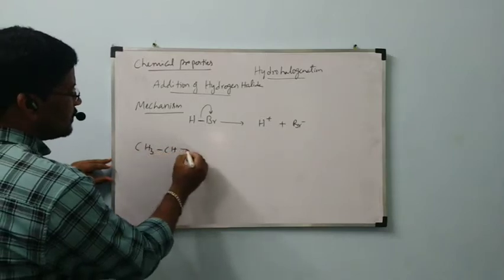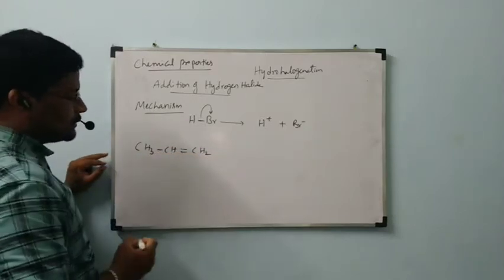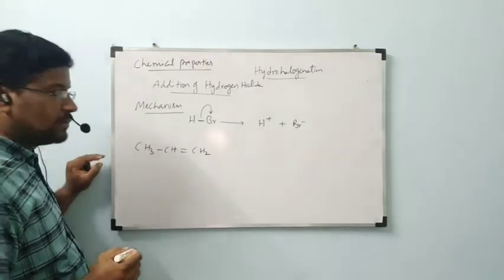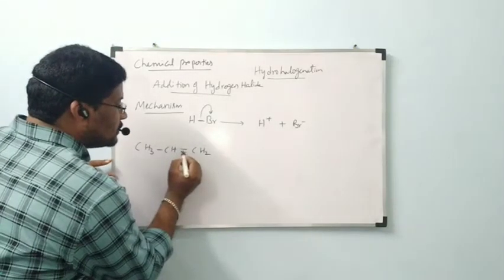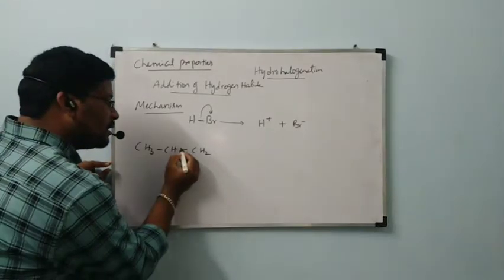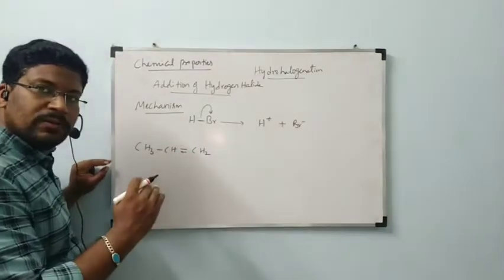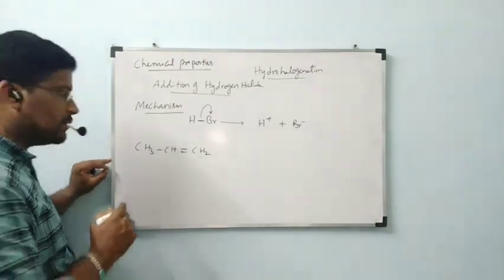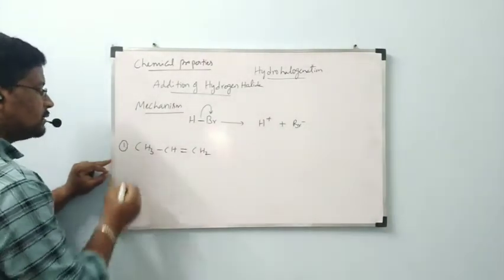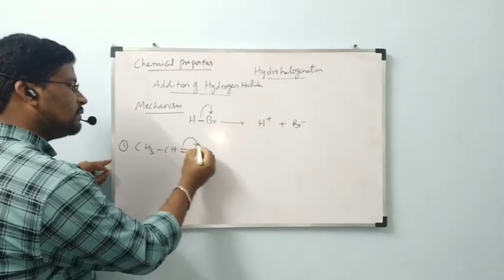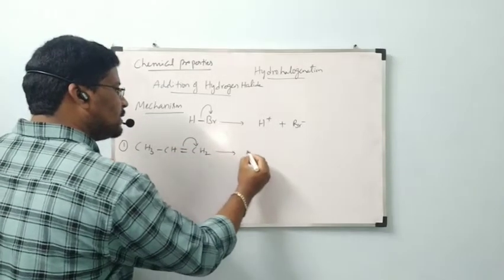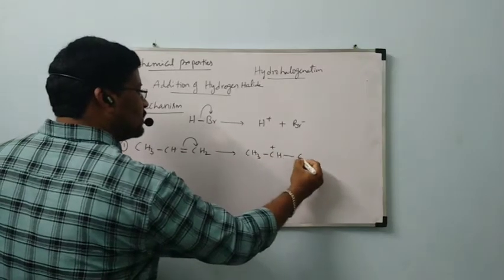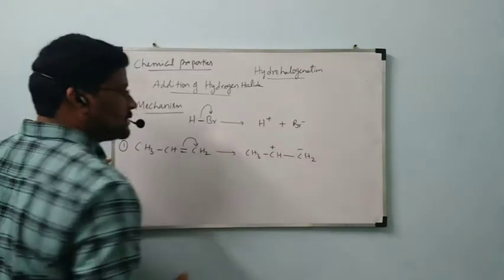CH3CH=CH2. In this double bond, the pi bond can be shifted to the right side carbon or the left side carbon. Two possibilities are there. Possibility 1: it is shifted to the first carbon, and we get CH3CH+ CH2-.